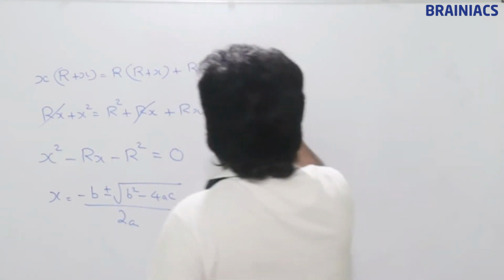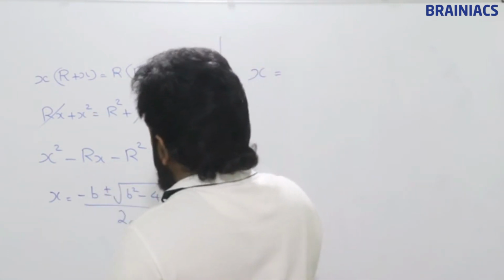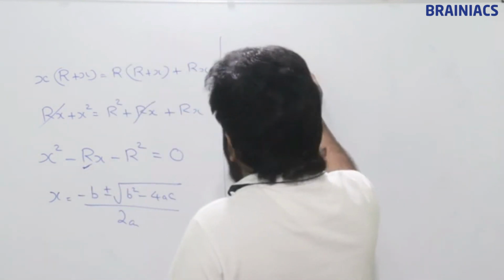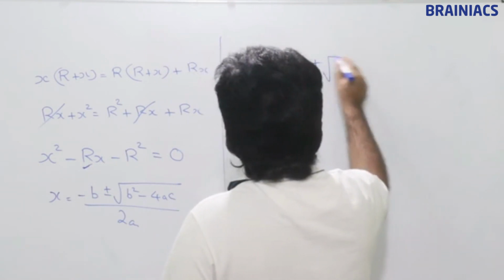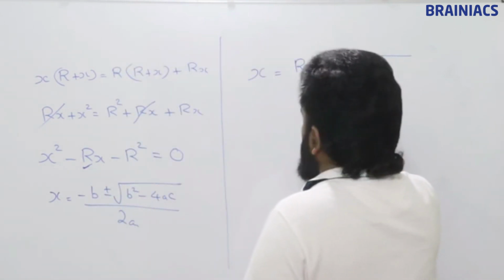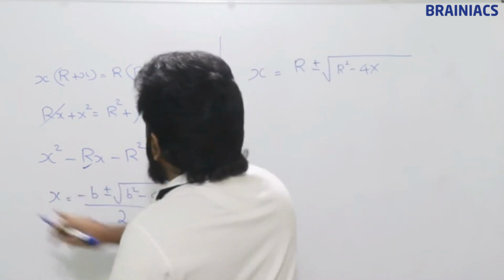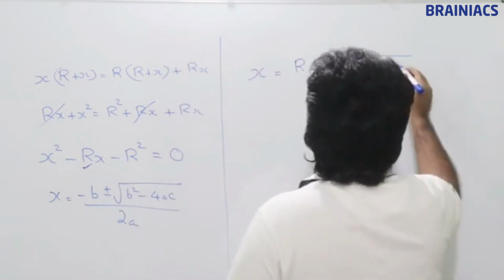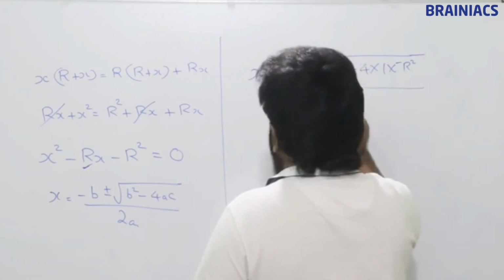Okay, so X is equal to minus B, what is it here? Minus B is R, so minus of minus R gives R, plus or minus root of, what is B here? Minus R whole square, so R square, minus 4 into, coefficient of X is nothing but 1, C is nothing but minus R square, 4AC, divided by 2.